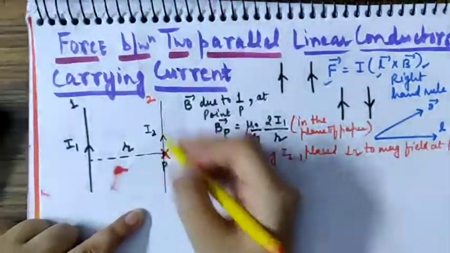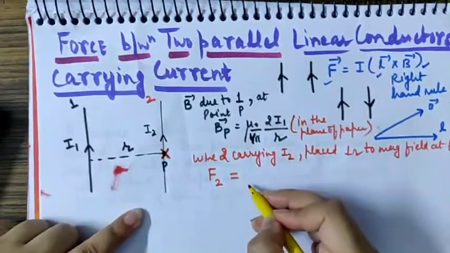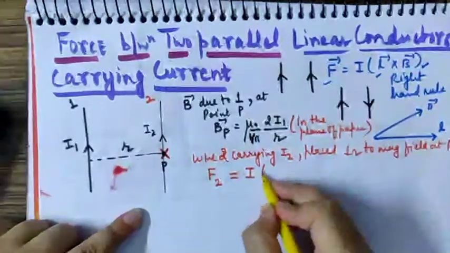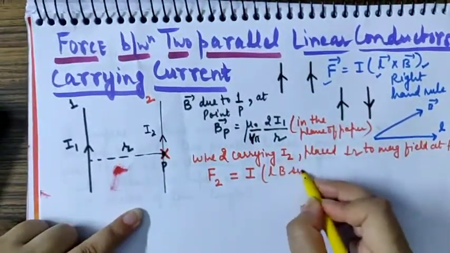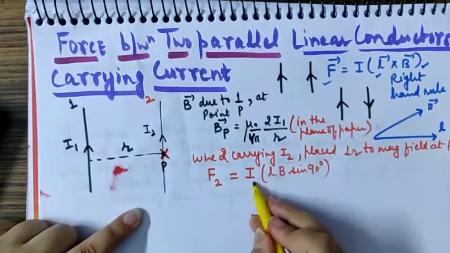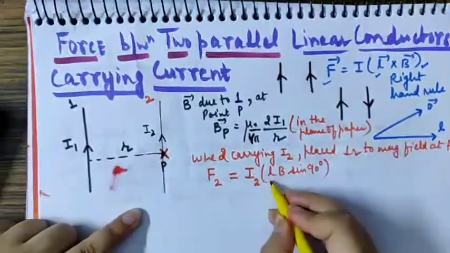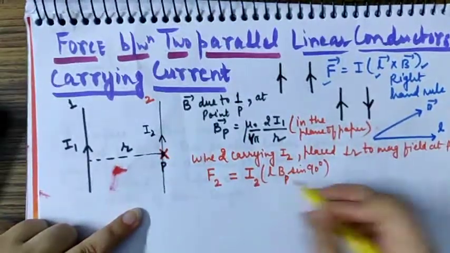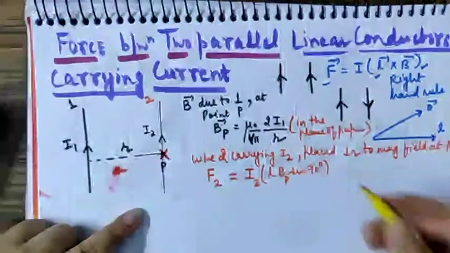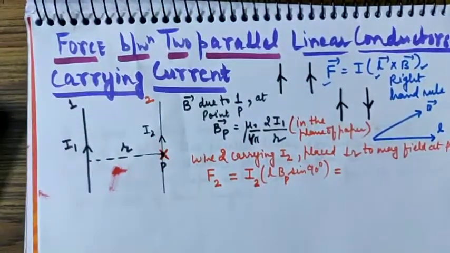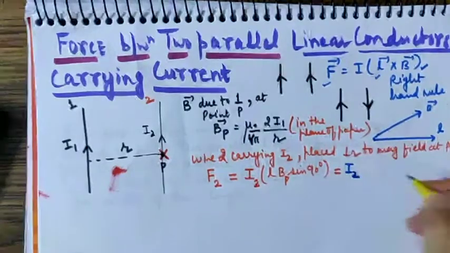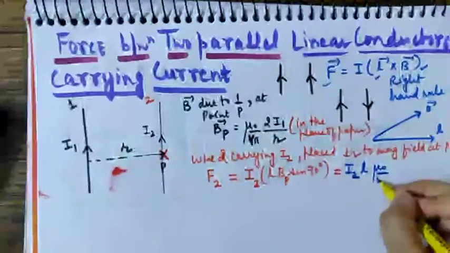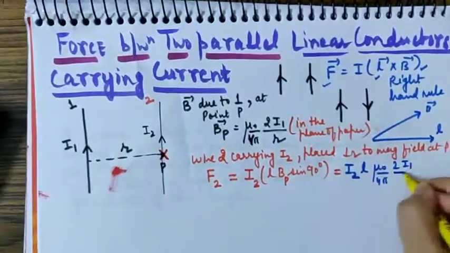The force experienced by wire 2 will be equal to I L B sine 90. What is the current of this wire? I2. What is the length of this wire? Suppose the length is L. What is the magnetic field that we are discussing? BP. Sine 90 is 1. Now, simplifying this equation, I2 L, put the value of BP. BP is mu naught upon 4 pi times 2 I1 over R.